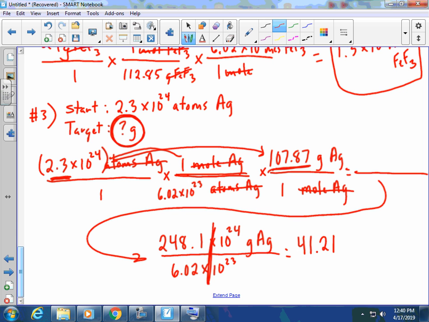Now what we do is write the times 10 part, because we do have a times 10 part, right? So I'm going to write times 10. Yeah, so when we divide, we got to subtract. 24 minus 23 is 1. That's it. And you're done.